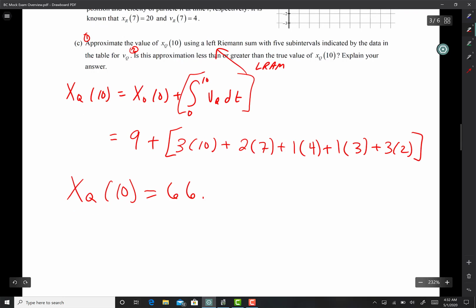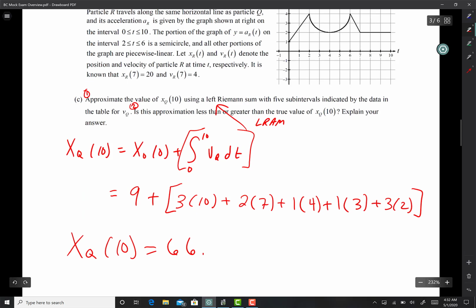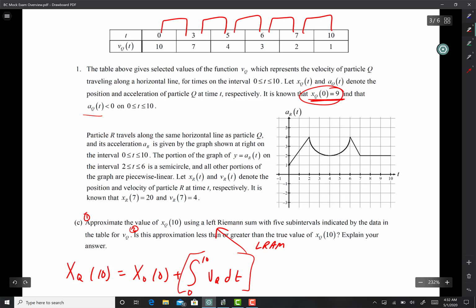Now to answer the second question. Is this approximation less than or greater than the true value of x of q of 10? Explain your answer. All right, so here's where this is going to come in. The acceleration is always negative, guys, always. So that means my velocity is always decreasing. So you have something like this, velocity, and it doesn't matter if it looks like this or if it looks like this.